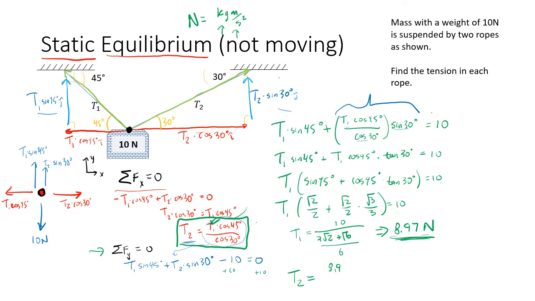It is 8.965 something, 8.96575. Okay, that is T1, times the cosine of 45 degrees, divided by the cosine of 30 degrees. That is going to equal, rounded, 7.32 newtons.